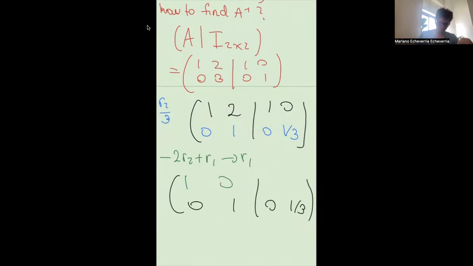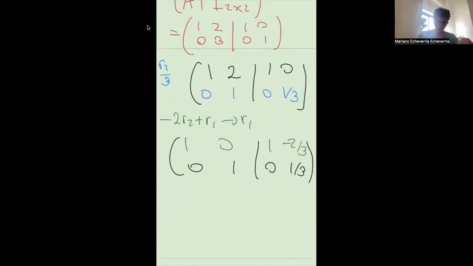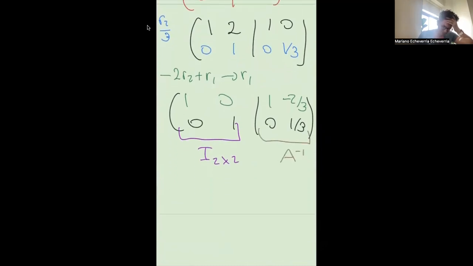This one is not affected because there's a 0 here, so when you multiply by minus 2, you are not affecting that. And then you multiply this by minus 2, so you get minus 2/3. Okay, and since you reach the identity on this side, whatever you get on the other side has to be the inverse. So A inverse has to be 1, 0, minus 2/3, 1/3.